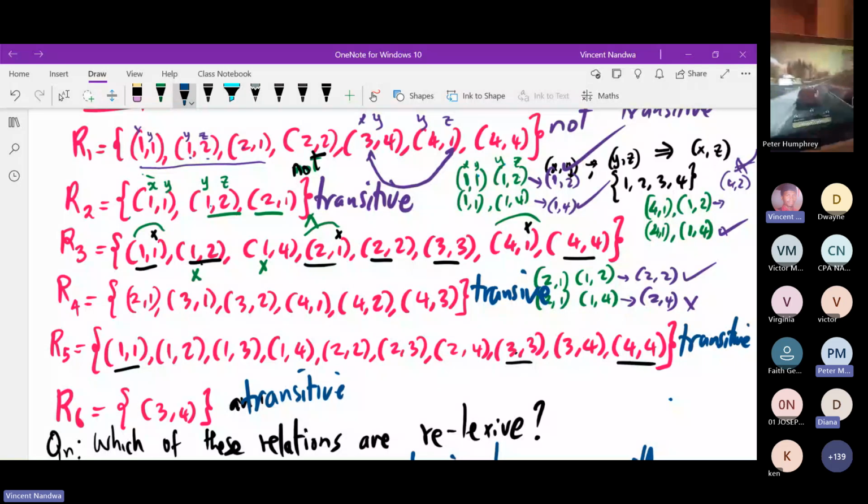Do you know why we are concluding that R6 is transitive? What is the definition of transitive?